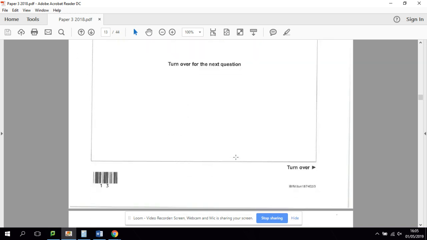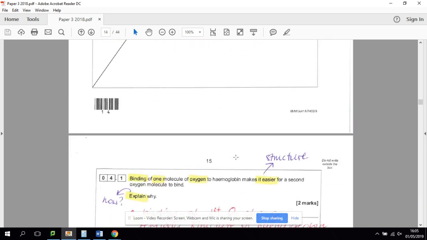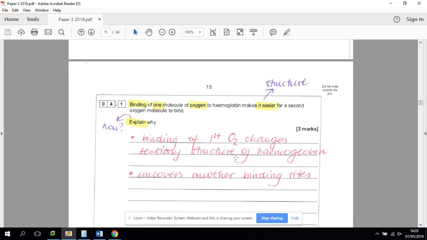Right, going for question 4 now. So look, another question with binding. Binding of one molecule of oxygen to hemoglobin makes it easier for the second molecule to bind, and explain why. Explain, say how. Use your biological knowledge, so think about structure here. So binding of the first oxygen changes the structure of the hemoglobin.